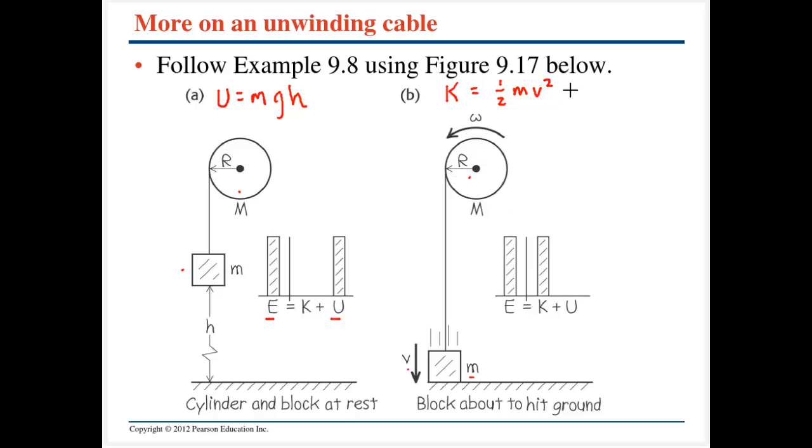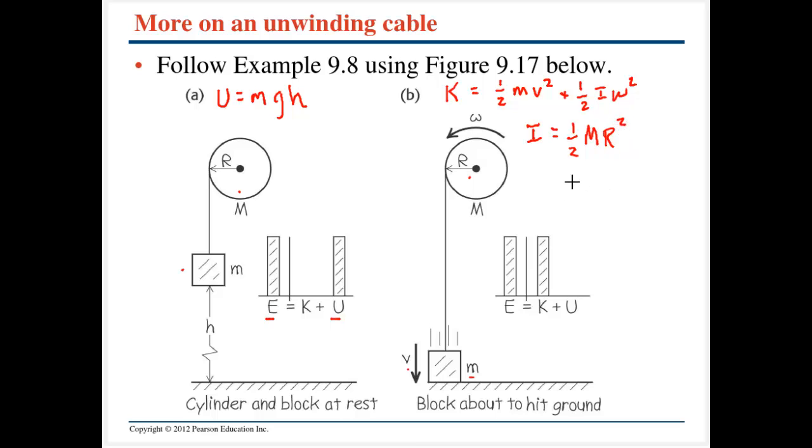The pulley is also rotating. It now has some energy associated with it too. We write that energy as 1/2 I omega squared. What we can do then is look up the moment of inertia for a disk or a pulley, so 1/2 the mass of the pulley multiplied by its radius squared.